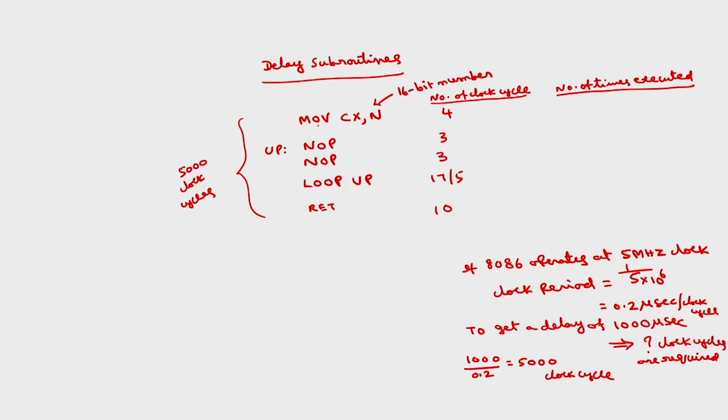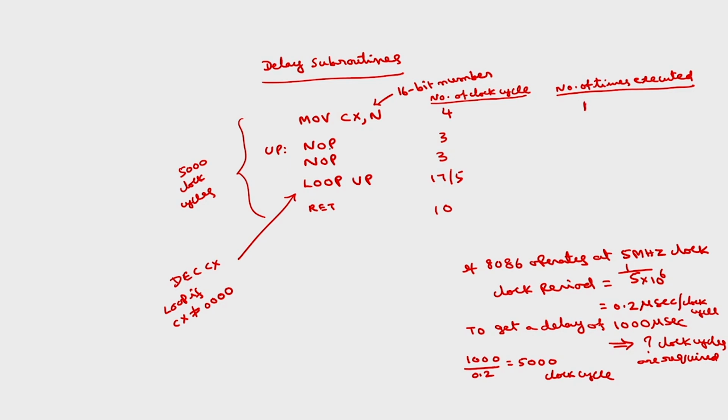Because this MOV instruction is not in the loop. In the loop, it will decrement the CX register, and it will loop if CX is not equal to 0. Okay. Because this is outside the loop, it will be executed only once.